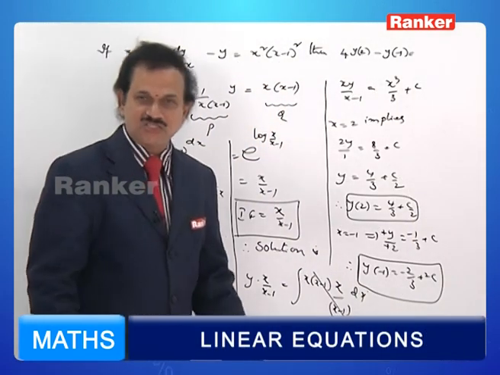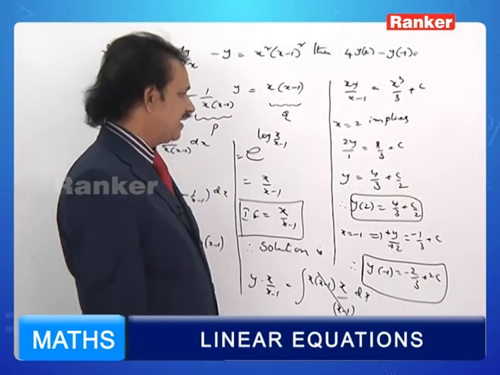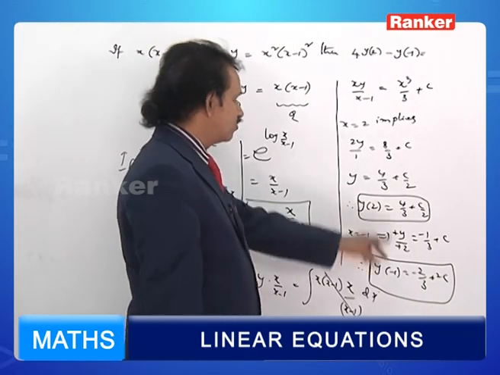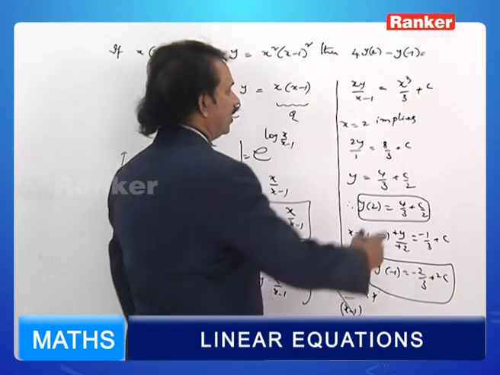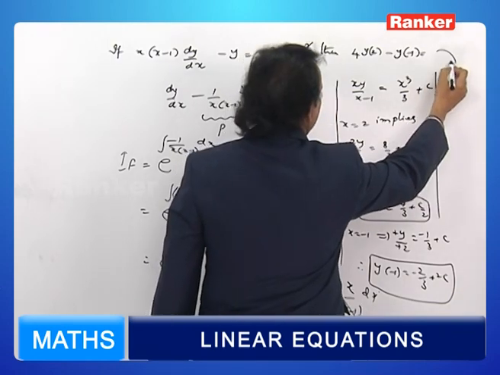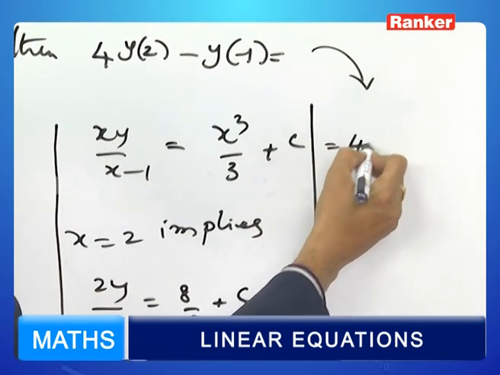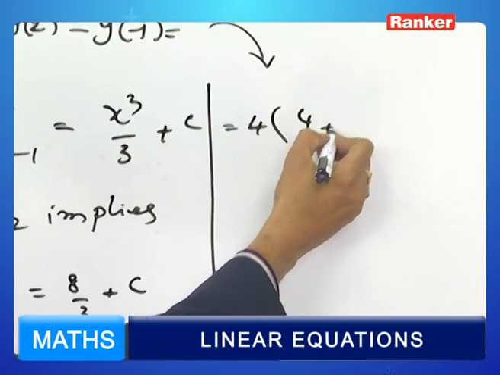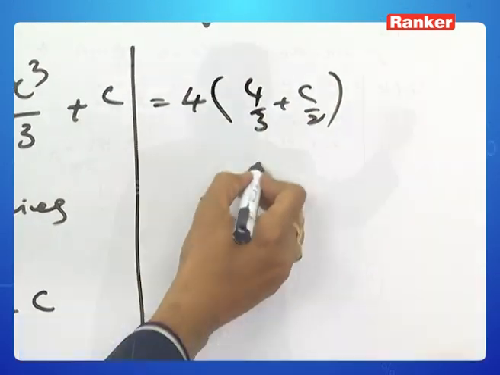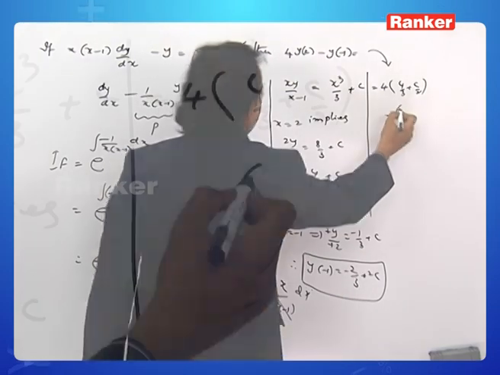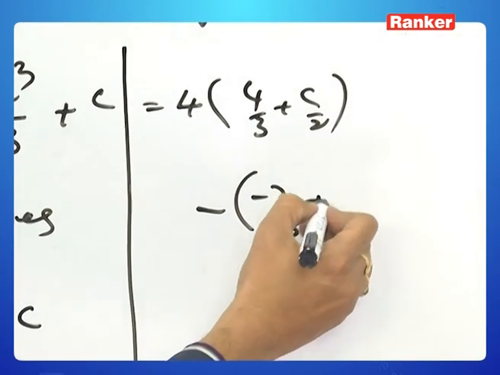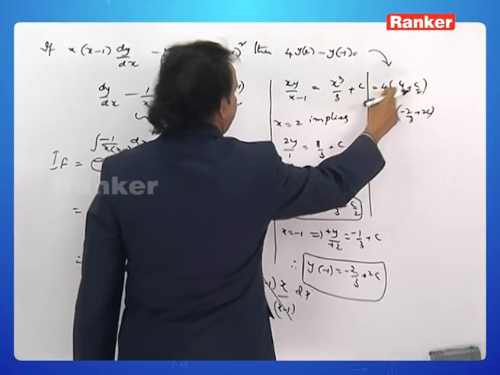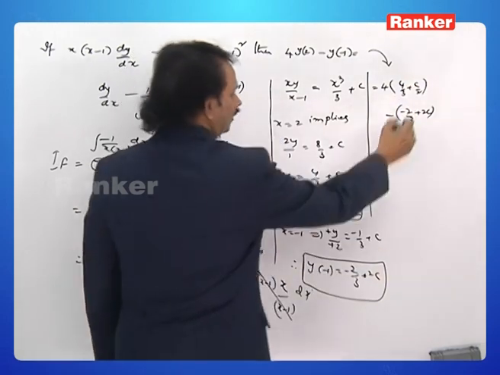Now the last and final step remains. You are supposed to make use of these two in this question. What is the requirement? This is equal to 4 into y(2), that is 4/3 + c/2, minus y(−1), that is −2/3 + 2c. 4 into c/2 is 2c.